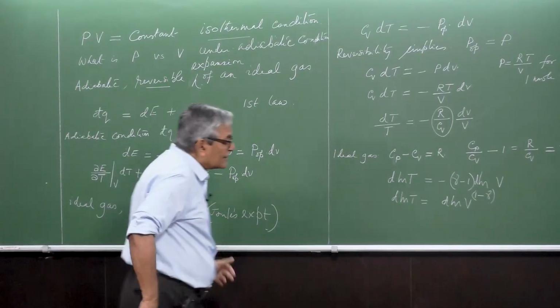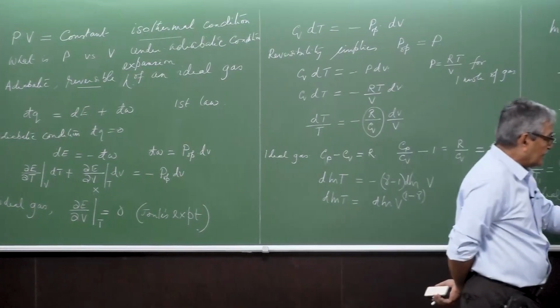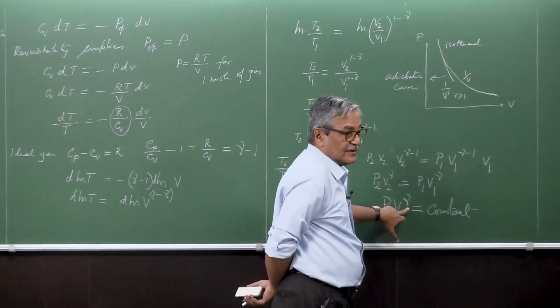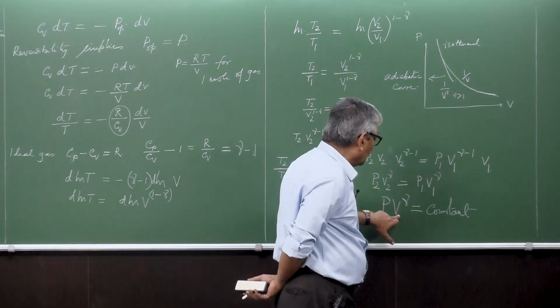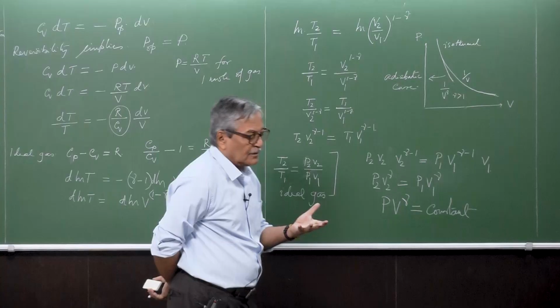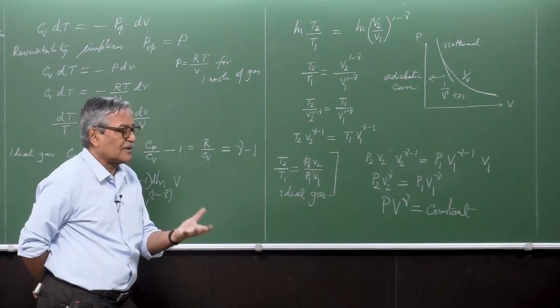With respect to another property, the property of Cp by Cv: pressure and volume are the core properties that you specify for the gas.